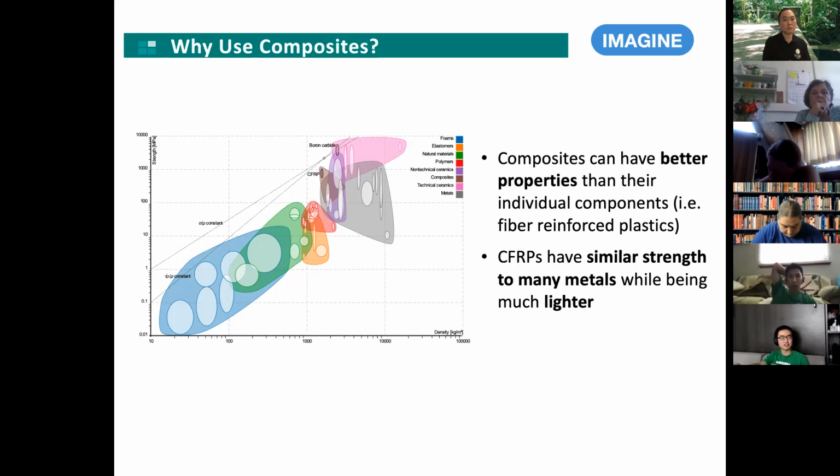I think the strength of carbon fiber is about the same as a lot of aluminum alloys, but it's a lot lighter. Aluminum is around 2.7 grams per cubic centimeter, while carbon fiber is around 1.6. This is especially great for aerospace applications or cars, where the more weight, the more fuel you need. So yeah. Next.